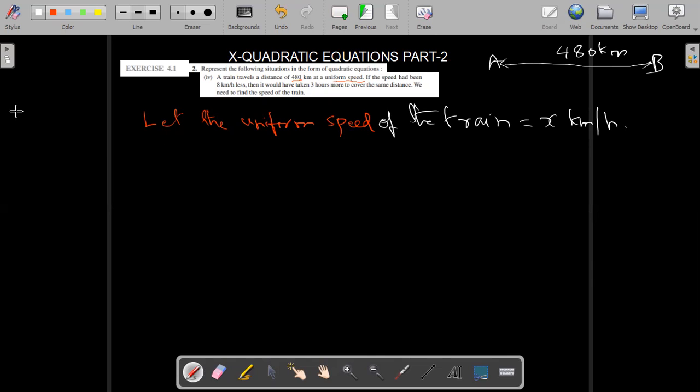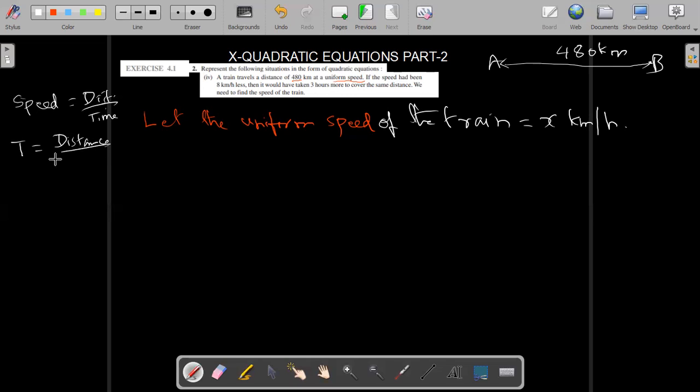What is the formula? Speed is equal to distance upon time. But here speed and distance are given, so you will find the time. Time is equal to distance upon speed.